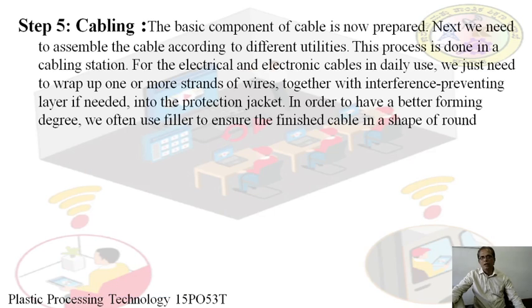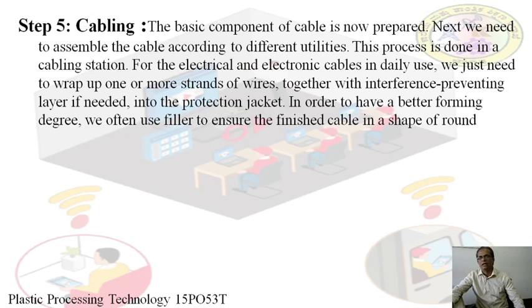Cabling is another technique, that is how to make the cables. The basic component of a cable is now prepared. Next we need to assemble the cable according to different utilities. This process is done in a cabling station.